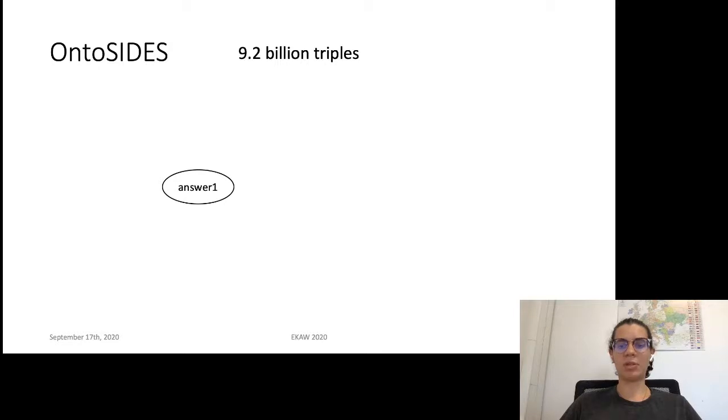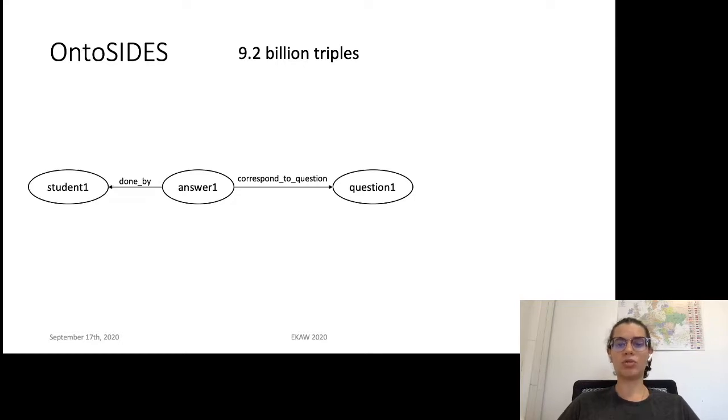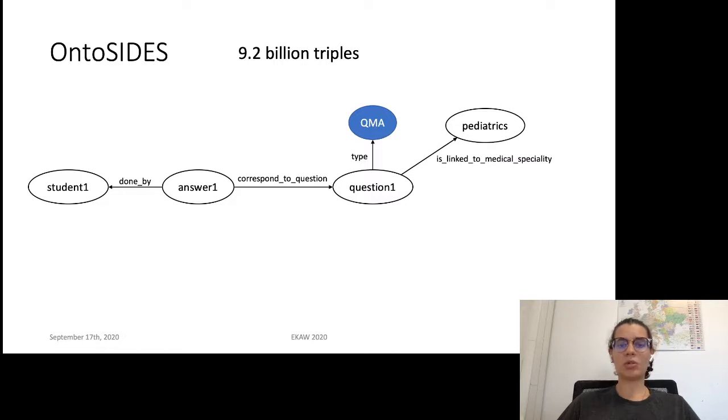Each answer given by a student is related to its question through the property correspond to question, and to the student through the property done by. A question can also be of different types. In our study, we focused on QMA, that means multiple choice questions, and is also linked to medical specialty, and presents a text.